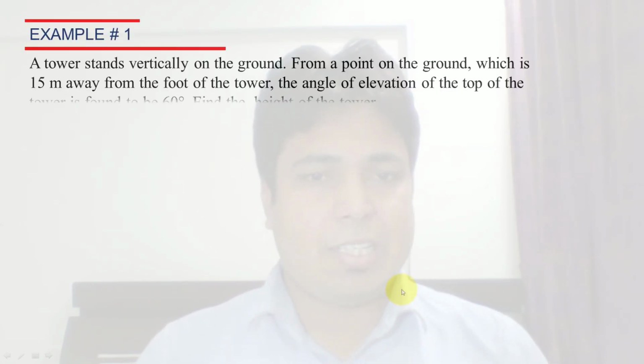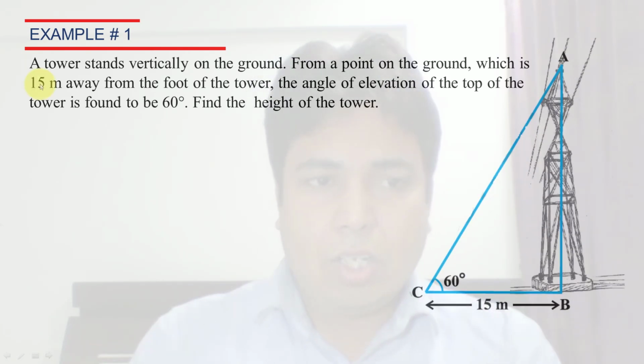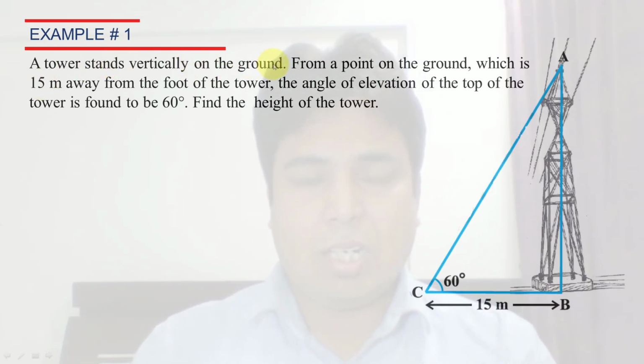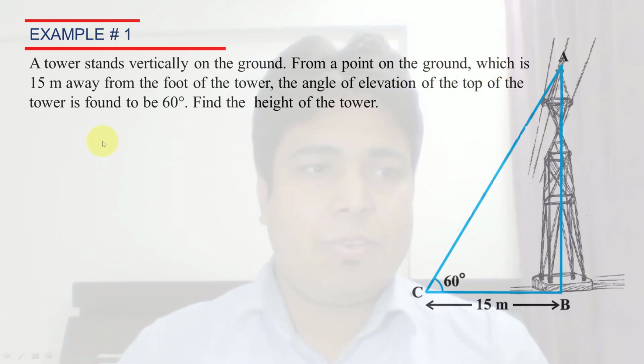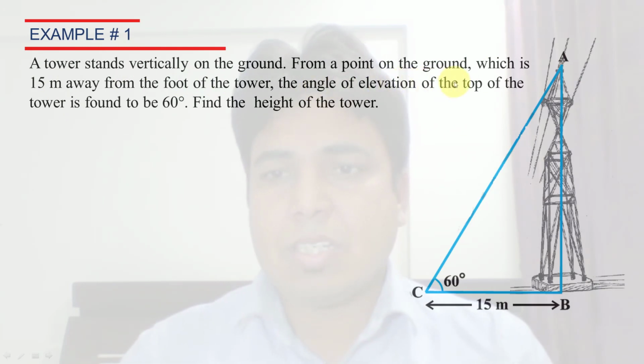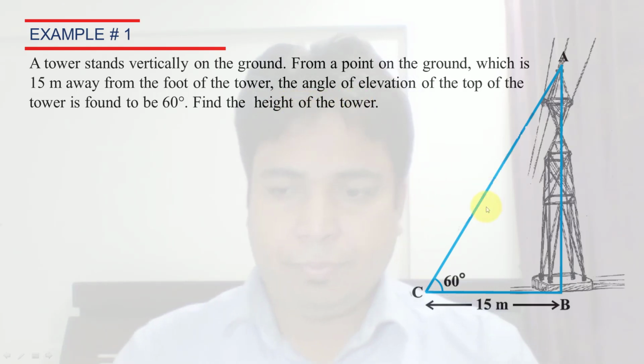Here is the first example. A tower stands vertically on the ground. From a point on the ground which is 15 meters away from the foot of the tower, the angle of elevation of the top of the tower is found to be 60 degree. Find the height of the tower.